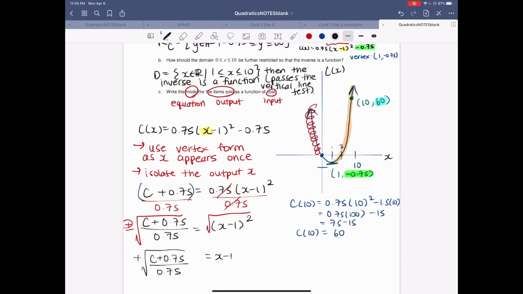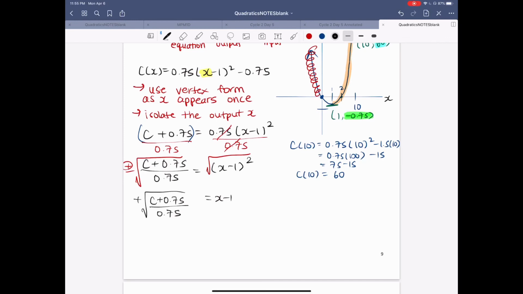And we have one more step. I want to get x by itself, so add 1 to both sides. x is equal to the square root of (c plus 0.75) divided by 0.75, plus 1. And that's about it.